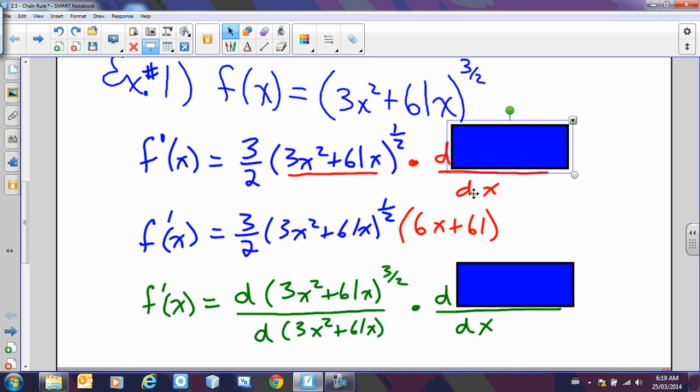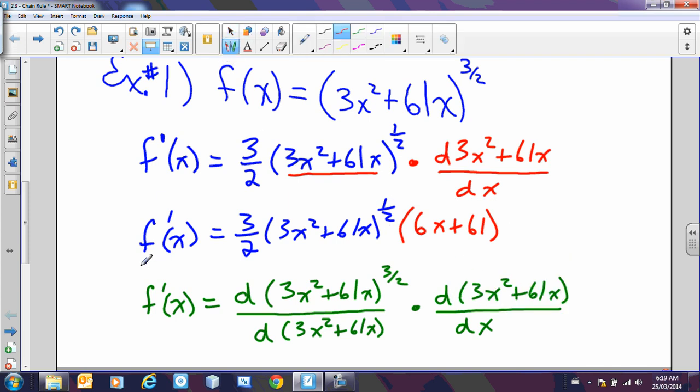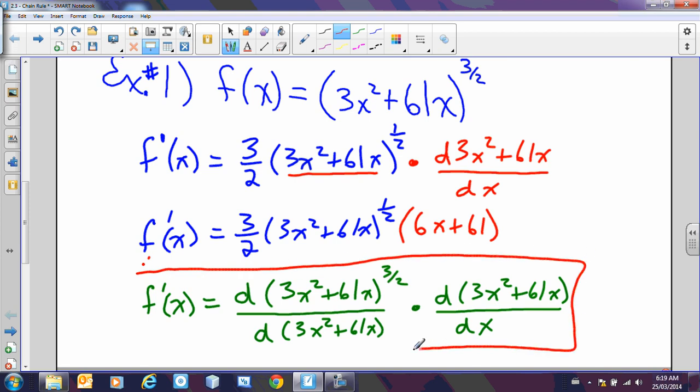Over here now, I need to reveal and find it. I need to take the derivative of that with respect to x. And of course, that's going to be the 6x plus 61. Okay, so this is essentially a missing step, or again, just a semi-explained step that was kind of squeezed in right at that spot there.